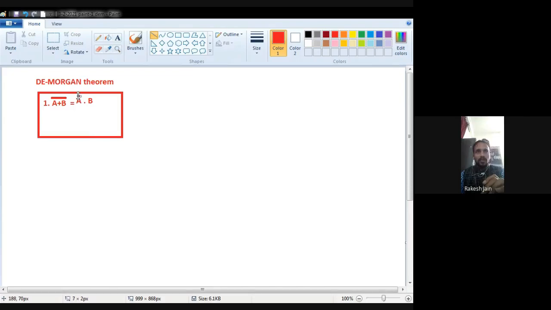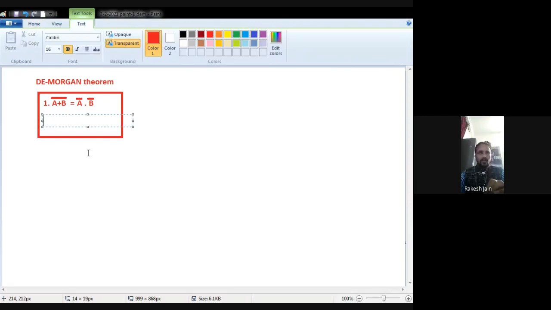Then they should be ANDed with each other. The plus will be converted into a dot and the total bar will be converted into individual bars. So A plus B having a total bar is equal to A bar dot B bar.